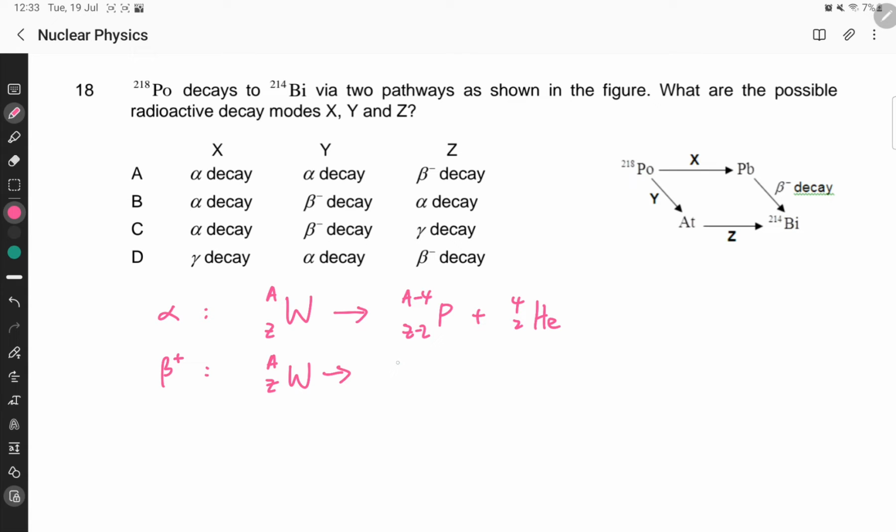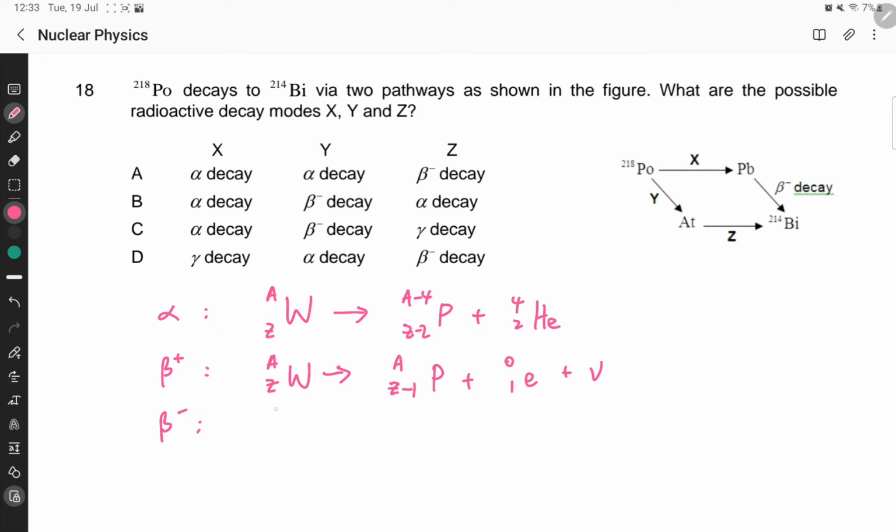The neutron number is still the same, but the proton turns into a neutron, so the number of protons will have changed. So Z minus 1, turns into a certain P, plus 0,1 e. This is the positron, which is the beta particle, plus the neutrino.